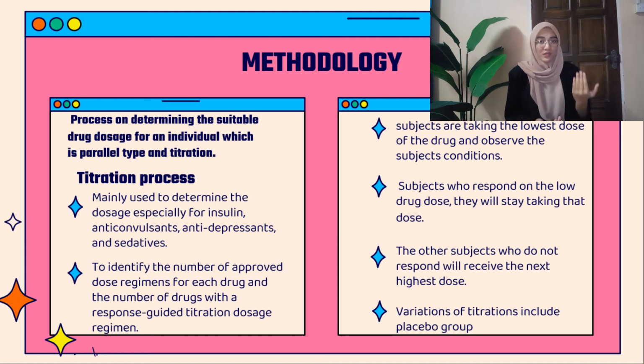The other subjects who do not respond will receive the next higher dose. Variations of titration include a placebo group. The main goal of drug dose determination is generally to achieve the highest tolerated dose to maximize efficiency and to prevent death.